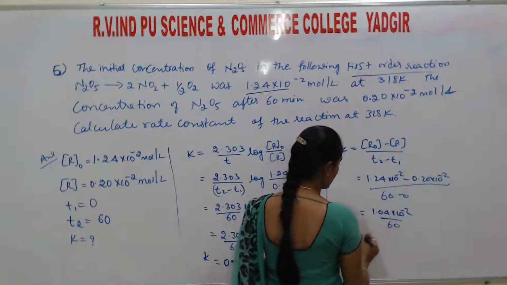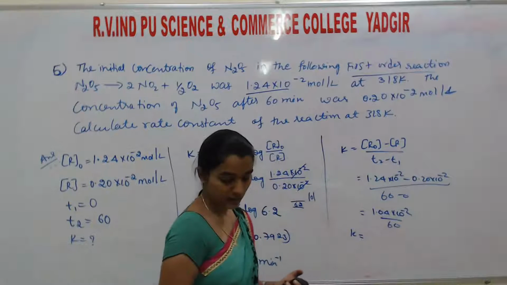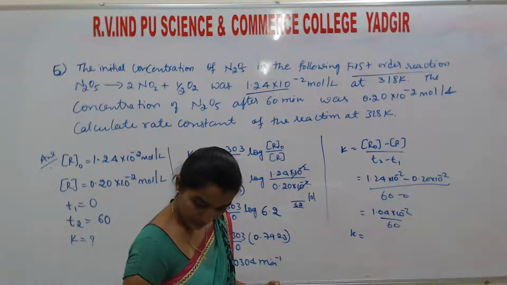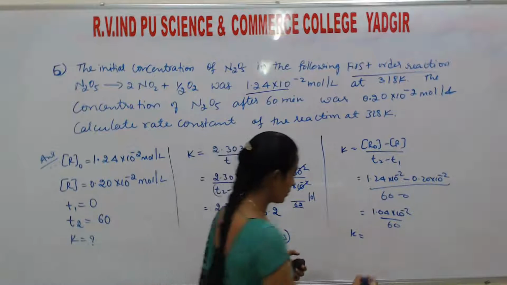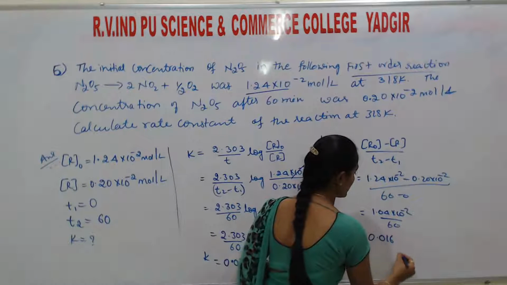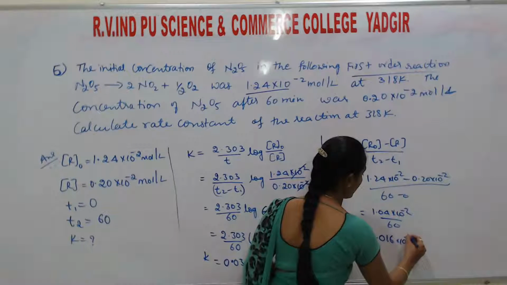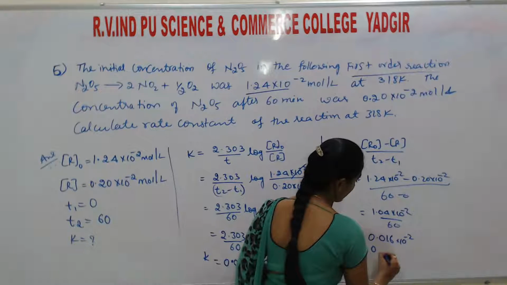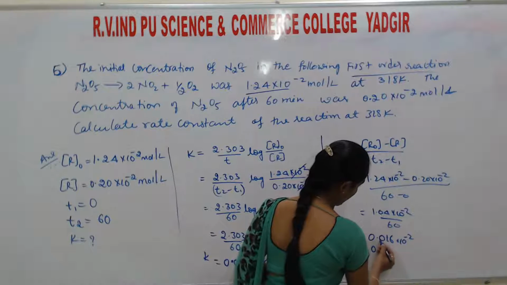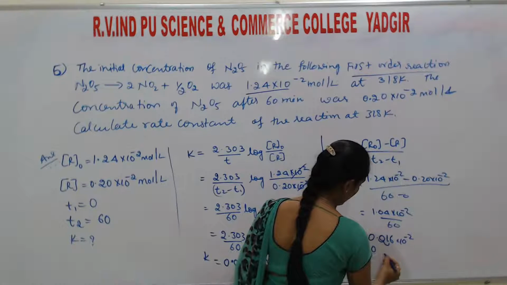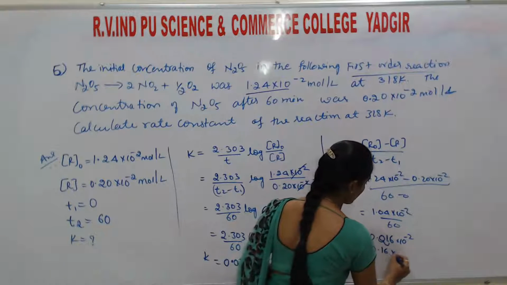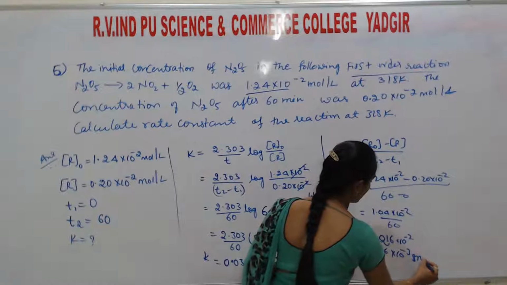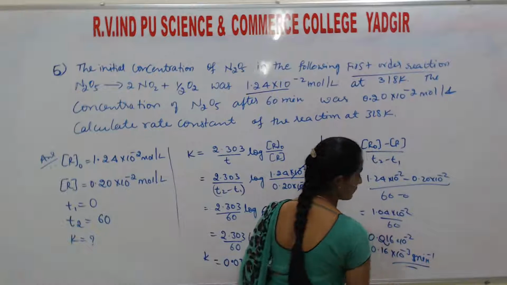Then K is equal to 1 divided by 60, which means 0.016 into 10 power minus 2, or 0.16 into 10 power minus 3 minute inverse.